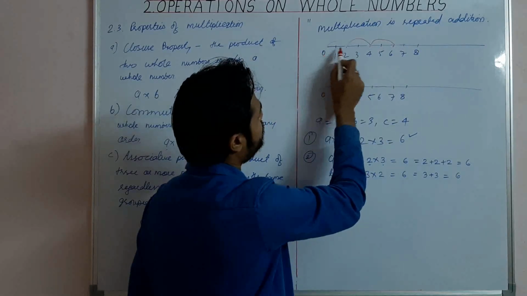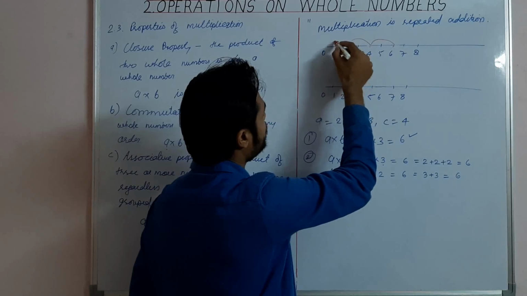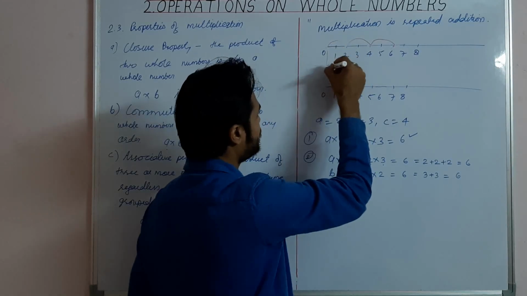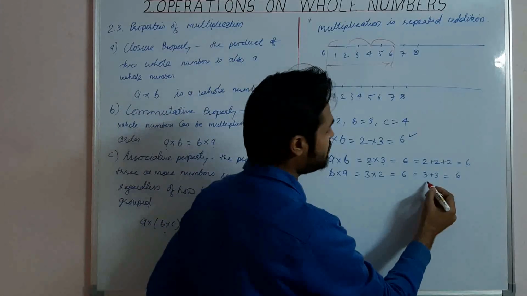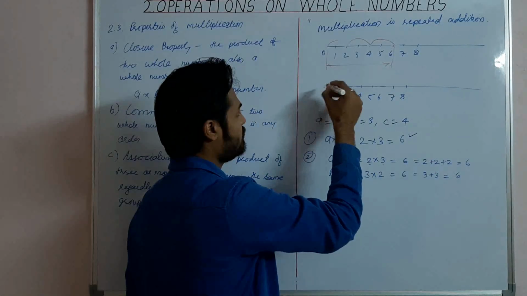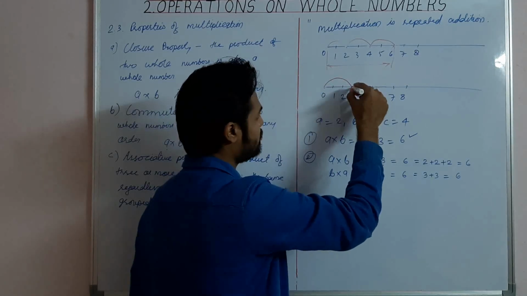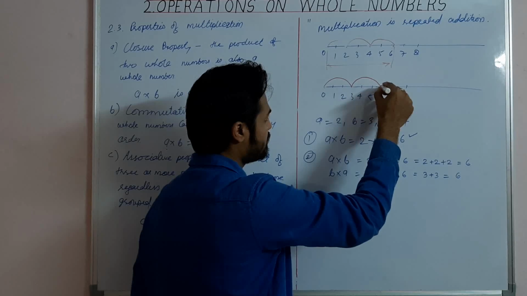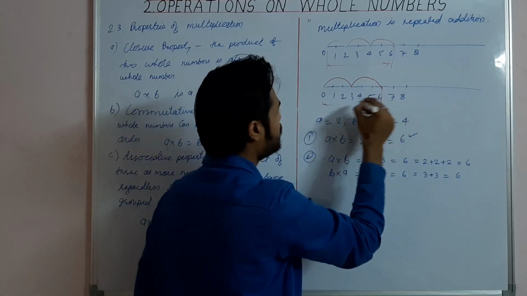So a jump of 2, again a jump of 2, and a jump of 2. So the total is 6. Now if you are writing 3 plus 3 or 3 into 2, then first jump of 3 units and second jump of 3 units. Again we are going to reach 6.